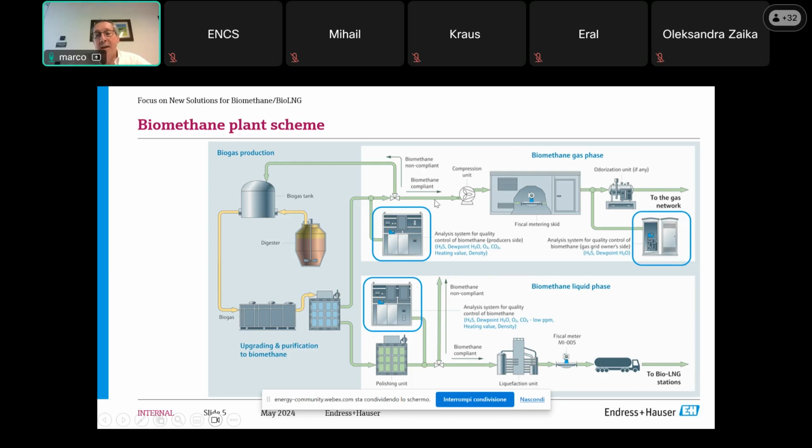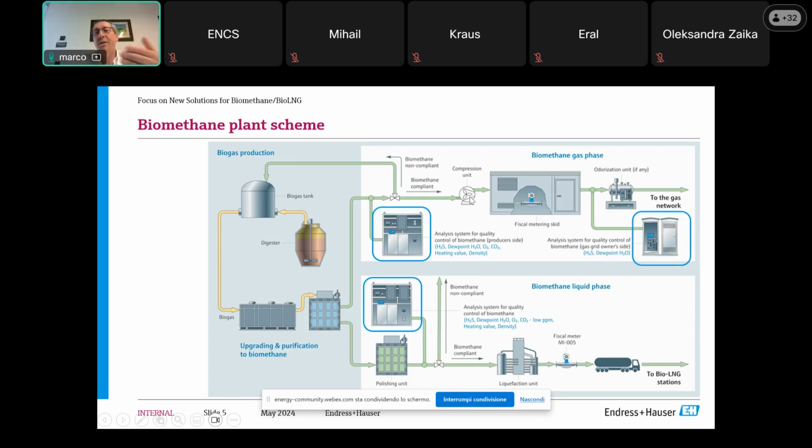If the gas is in spec, it is sent to a compression unit, which increases the pressure to the grid pressure. For instance, in Italy, we have different levels of grids. We have transportation grids with a pressure that can vary from 12 to 75 bars.